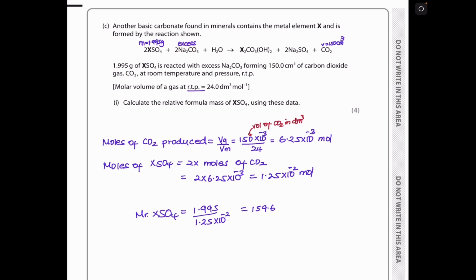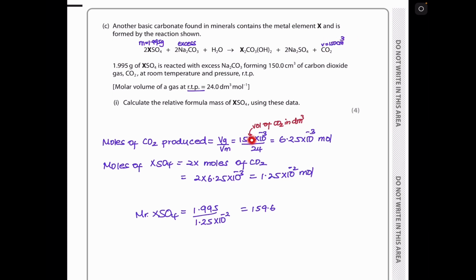Since this is excess, all the metal sulfate is going to react, and that gives me the volume of CO2 we see here. They say room temperature and pressure, so I can use the molar gas volume in finding the number of moles of carbon dioxide. So moles of carbon dioxide should be the volume of carbon dioxide divided by the molar gas volume. Since I'm going to use the molar gas volume as 24 decimeters cubed per mole, I have to convert this volume to decimeters cubed as well.